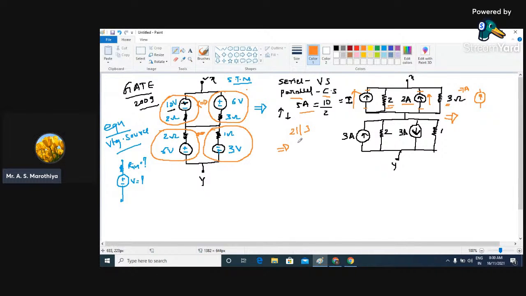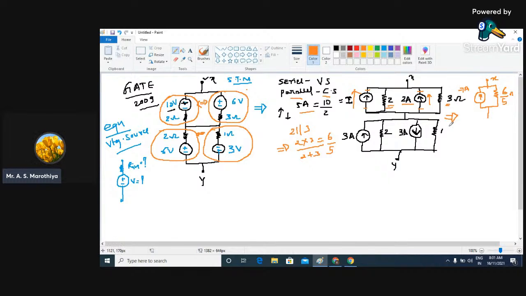Apply the direct formula, that is 2 into 3 divided by 2 plus 3, which equals 6 by 5. So here I can replace them with 6 by 5 ohm in parallel with a current source of magnitude 7 ampere, and the arrow is in upward direction. So this terminal is going to be your X. I hope this is clear to everyone. It is simply the application of Ohm's law followed by the equivalent resistance technique.